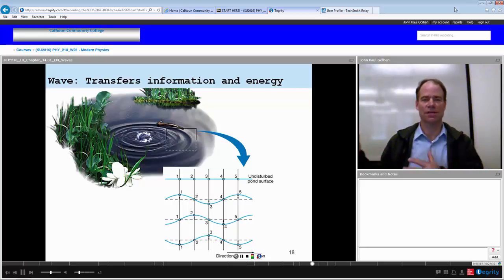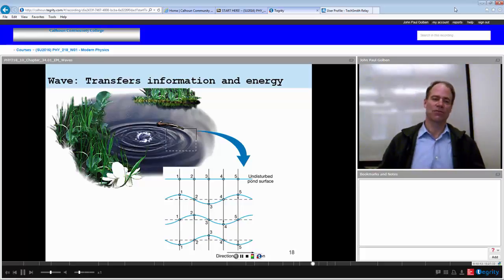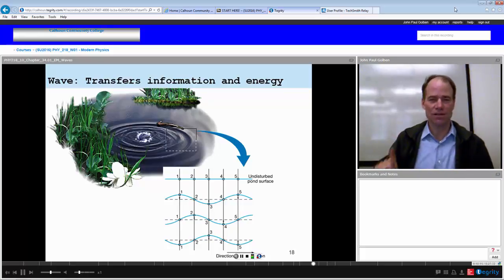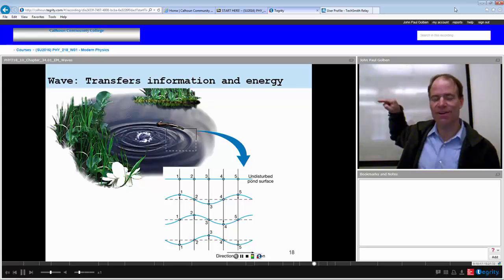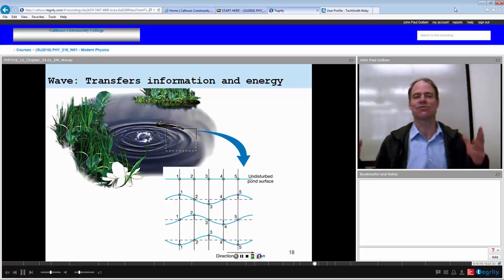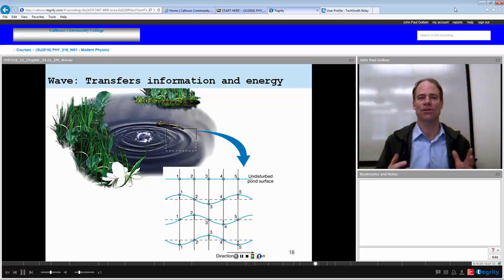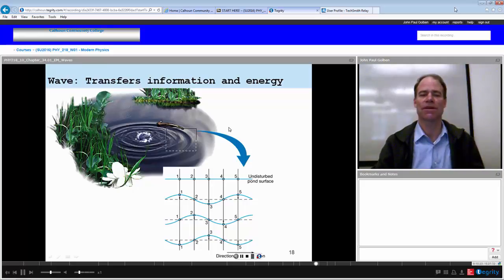It told you that something had fallen in the water. And if the waves were large, you would say, well, something large over there fell in the water. So it's transmitting information and energy to you in the form of a wave. Not so specific in terms of a water wave, but light waves can be much more informational.